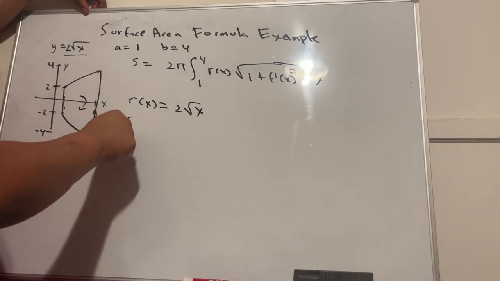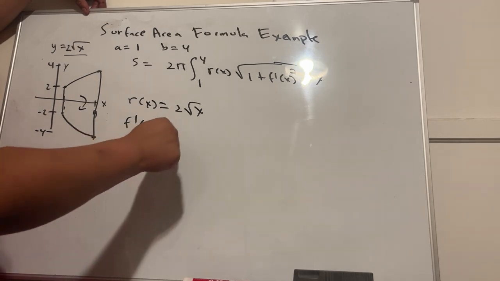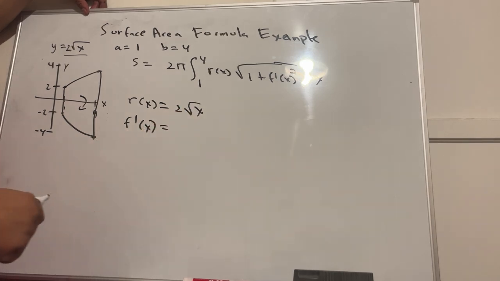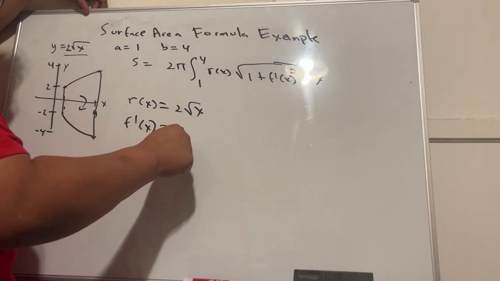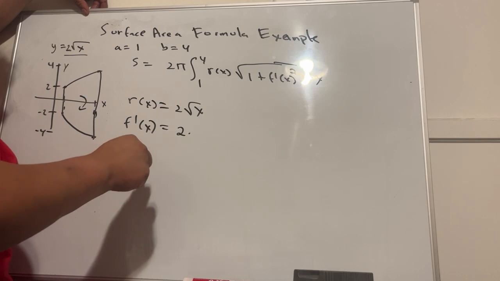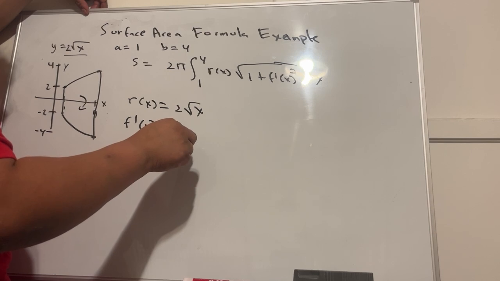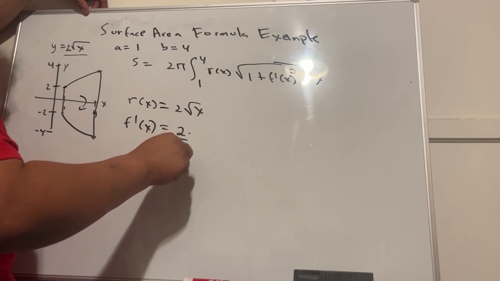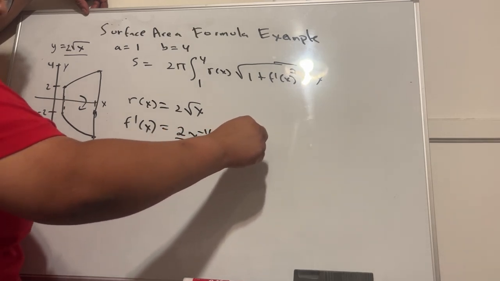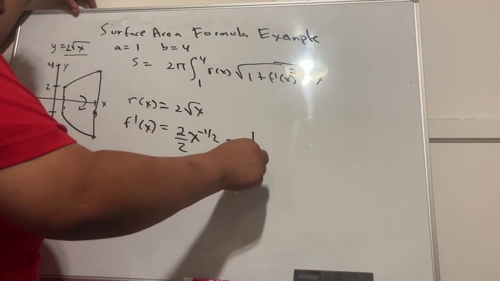Okay, so now f prime of x is equal to the derivative of this, which is equal to, okay, so now that's going to be 2 times 1/2 x to the minus 1/2, which is equal to 1 over square root of x.